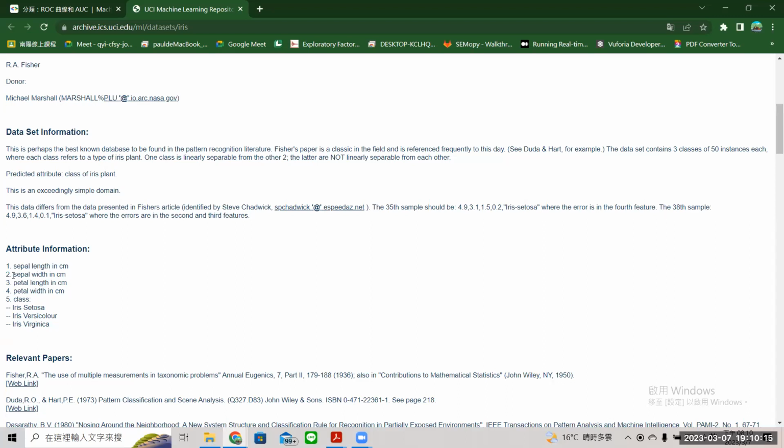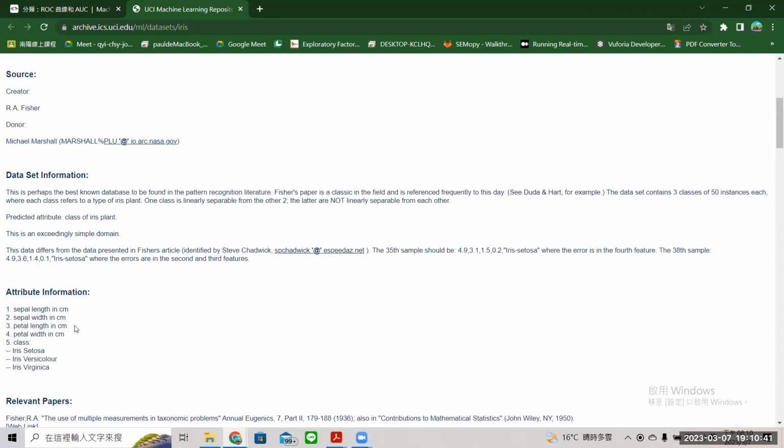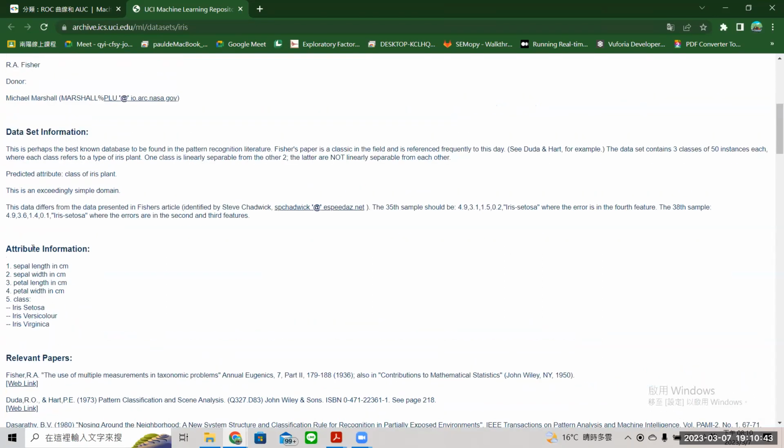The second column is the sepal width, also in cm. The third is petal length in cm. The fourth is petal width in cm. And the fifth column tells you the classification of each flower: iris setosa, iris versicolor, or virginica. It's from Latin.